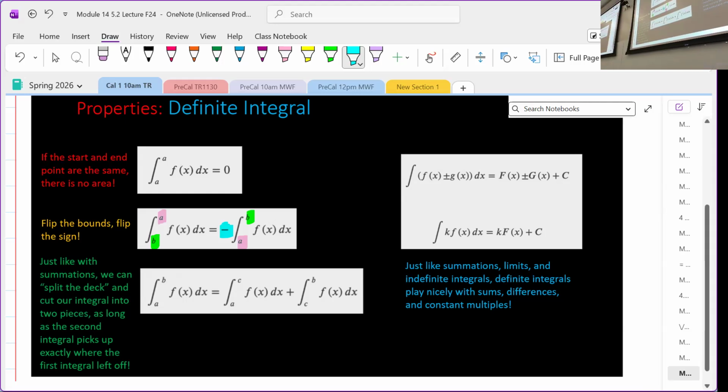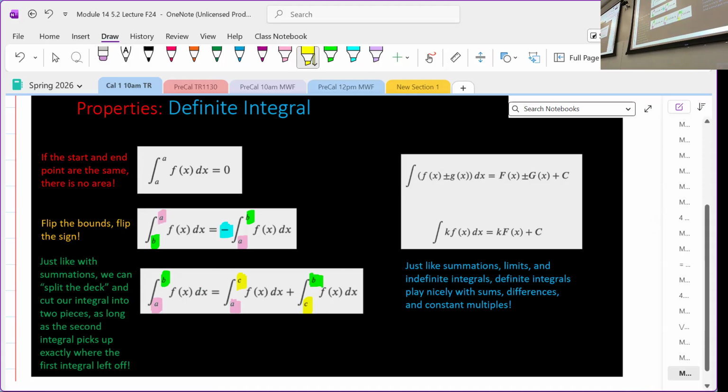So we saw with the summation what Christy termed splitting the deck. So I have my A versus my B. I can split my integral and just put some extra number in between them if I want.